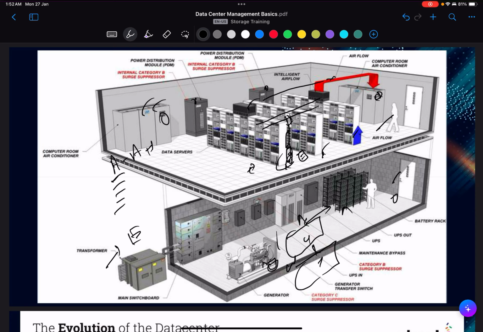Suppose you have an application on one server, you will have your database server, you will have your storage, the networking part will be there, and these servers or the storage and network devices are situated on these racks. And then these servers need specific power, cooling, and other things to process, right? So you should be aware of how it is situated.